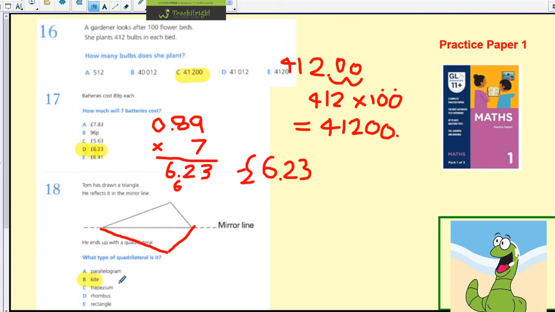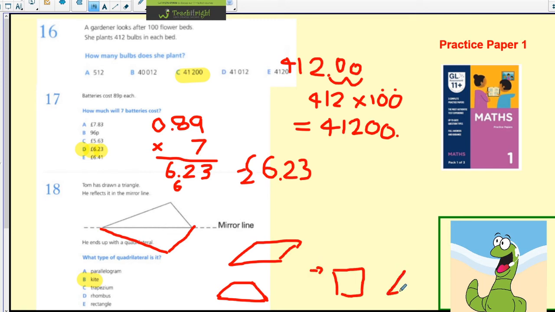And again, in terms of a parallelogram, it must have 2 sets of parallel lines. That's not my parallelogram. Let's try and draw a better one. Just remember our definitions. 2 sets of parallel lines. A trapezium needs to have 1 set of parallel lines. Looks like a trapeze stand. A rhombus is, if you imagine a square that has been sort of pushed over.